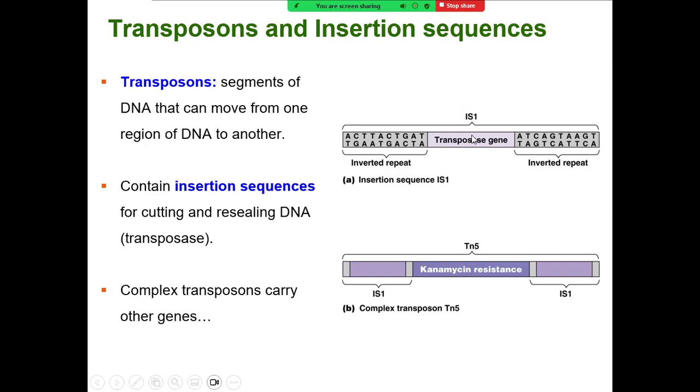You can have a complex transposon that carries other genes on the transposon, such as this transposon here, transposon number 5, that is carrying the kanamycin resistance gene. And this complex transposon usually has the other gene of interest, in this case, kanamycin resistance.